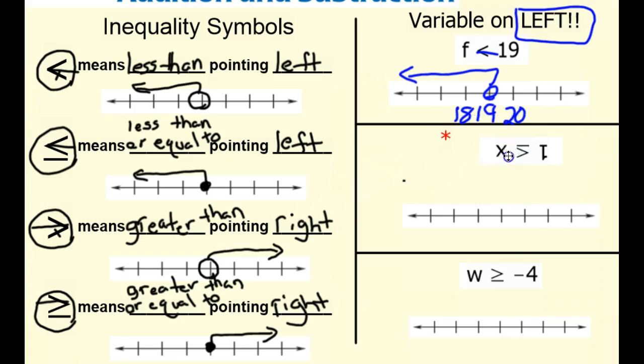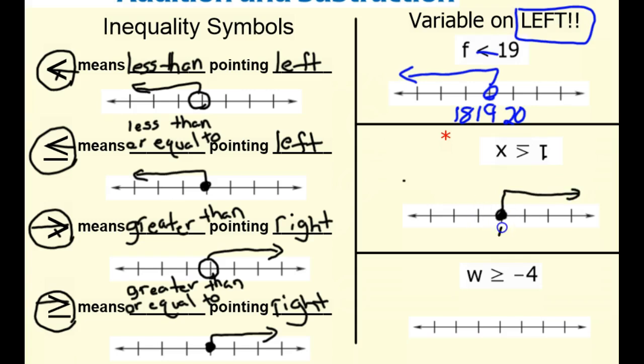So now we have x is greater than or equal to 1. The greater or the equal sign is now on the top, but we can just think of that as the equal sign should be on the bottom. So since it's equal to, we have to draw a closed circle. It's now pointing to the right, so we draw an arrow to the right.